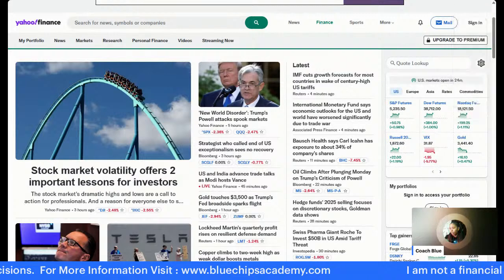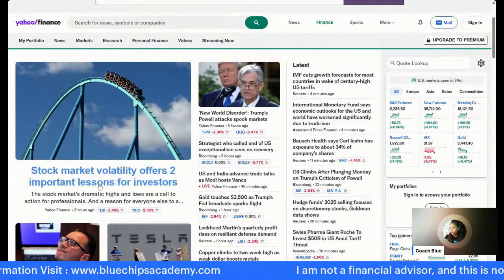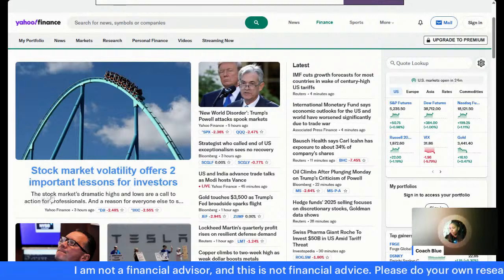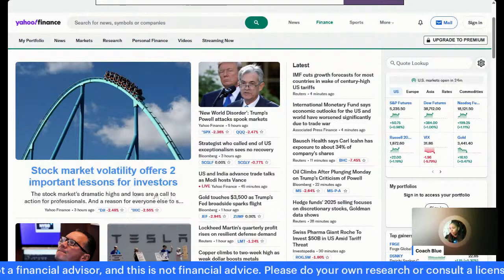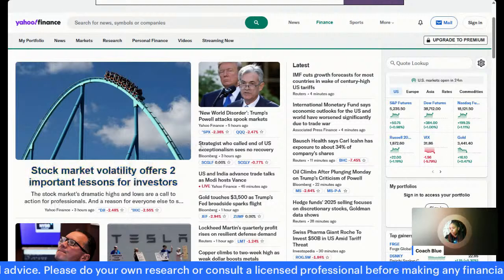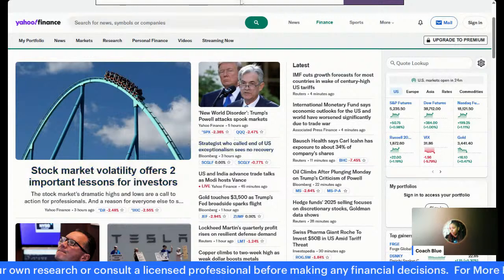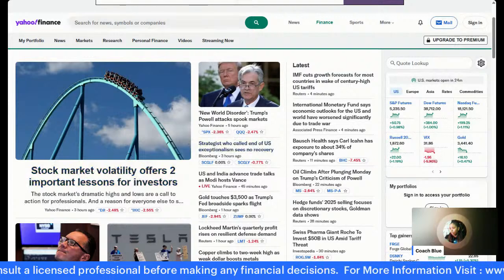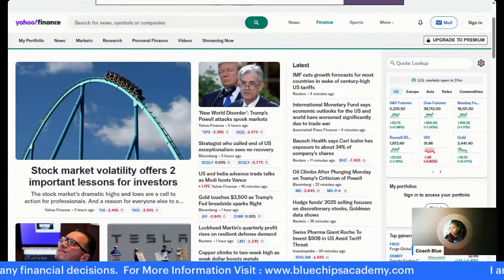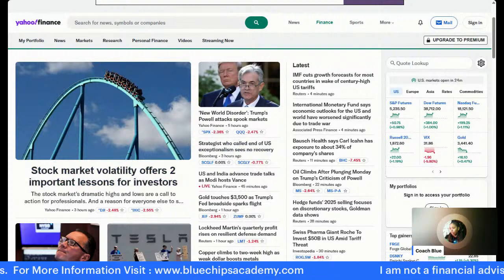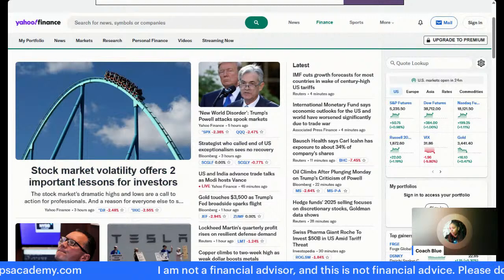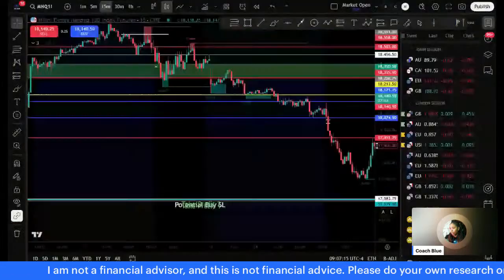You'll see that stock market volatility offers two important lessons for investors. What we're saying in a nutshell is that stock market highs and lows are a call to action for professionals. When we look at the market, we see those instances, especially last week. Let me go back to the chart here. Last week when we were in the market, if I could find an example, price would come out of our zone and back into it.